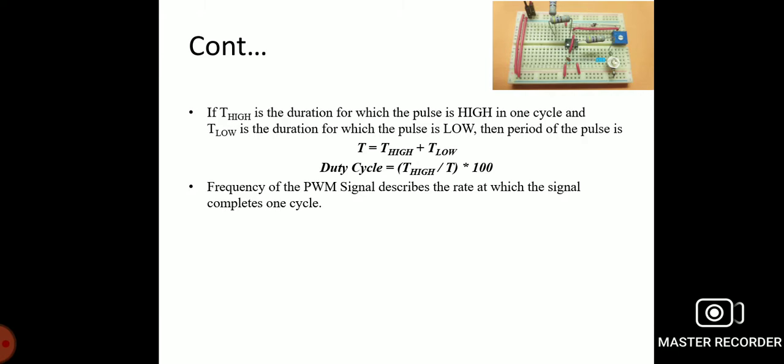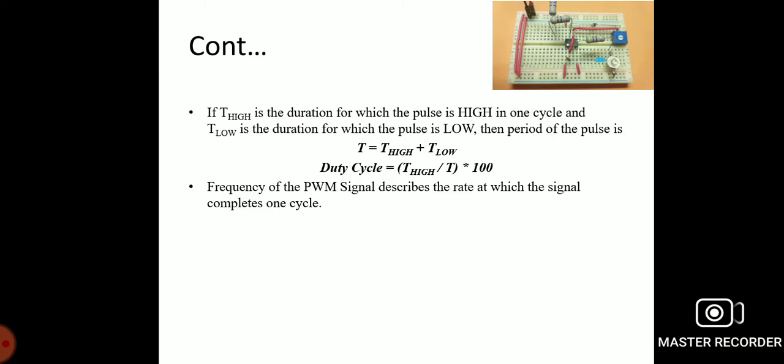If we analyze the circuit design, T high is the duration for which the pulse is high in one cycle and T low is the duration for which the pulse is low. Then the period of the pulse is T equal to T high plus T low.